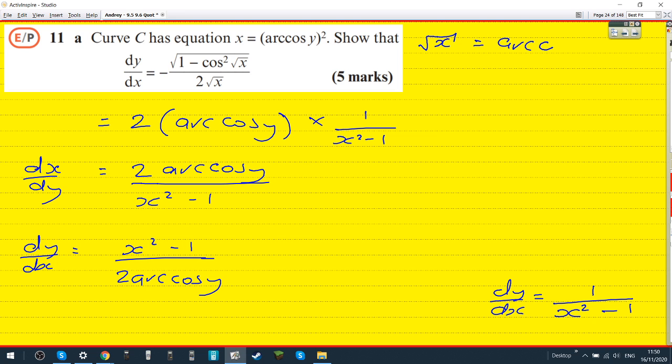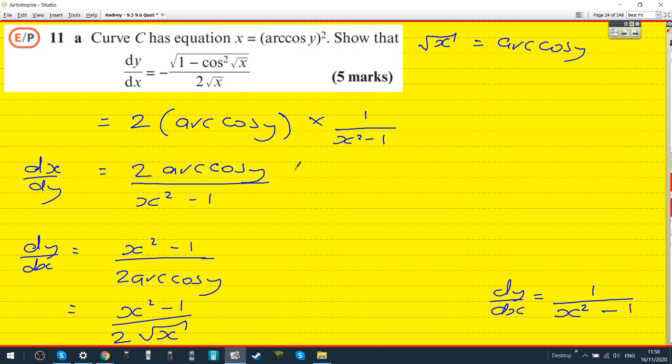Oh, hang on, that might be enough. Square root of x. And then I can just do 2 square root x at the bottom as the denominator. So x squared minus 1 over 2 root x. Theirs has 2 root x on the bottom. Ours is simpler than theirs.